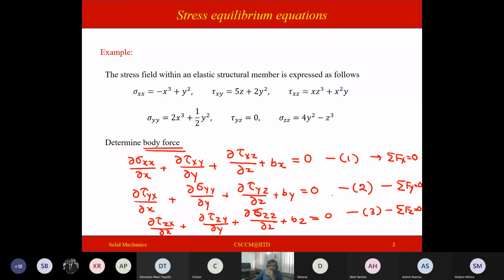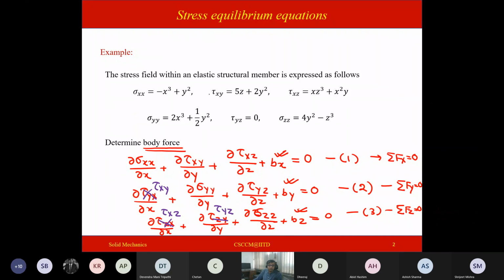So now we can see that in these equations there are bx, by, and bz, and that is what we want to compute. But before proceeding, you remember that we also proved from the rotational equilibrium that del tau yx I can write as del tau xy, this as del tau xz, and this as del tau yz.